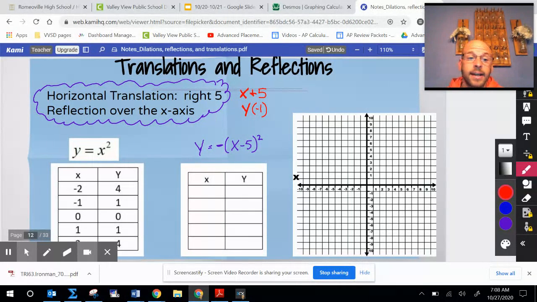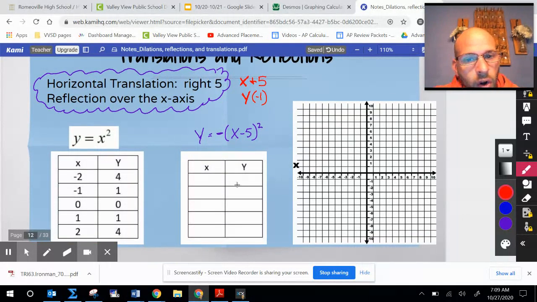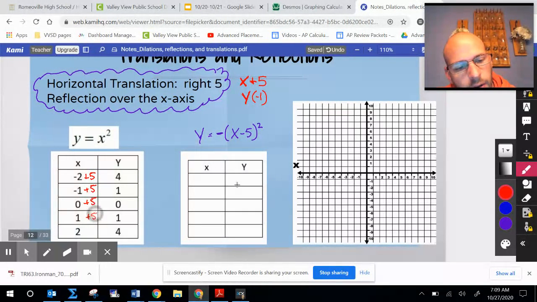So anytime you have a reflection over the x-axis, you will always multiply by a negative. Okay? So all the x values, I'm going to add 5. And then all the y values, I'm going to multiply by a negative 1.